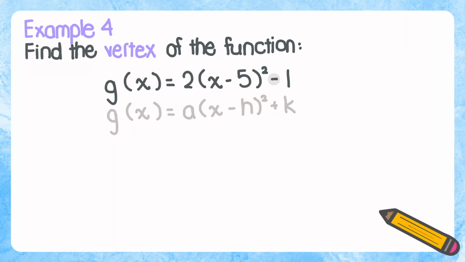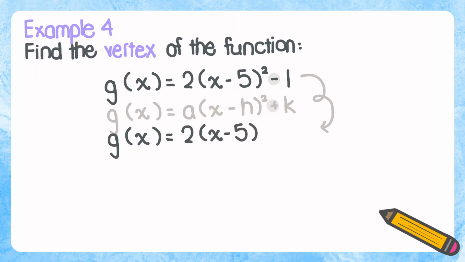Notice we do not have an exact match, so we need to rewrite the function. We will have g of x equals 2 times x minus 5 quantity squared plus negative 1.